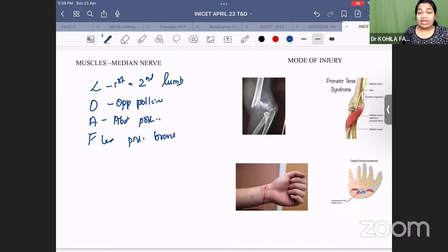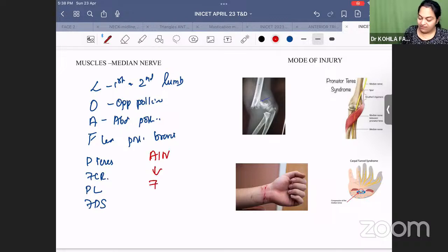And in the forearm, pronator teres, flexor carpi radialis, palmaris longus, flexor digitorum superficialis. The anterior interosseous nerve goes to supply flexor pollicis longus, flexor digitorum profundus for which fingers? The middle finger and the index finger, right? Middle finger and index finger, and pronator quadratus.